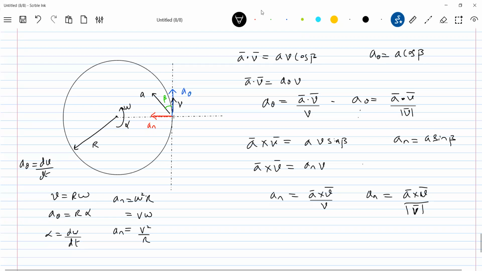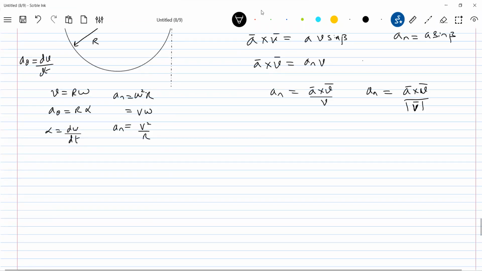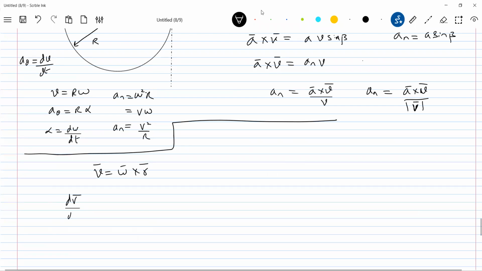Okay, now I'll show you a still easier one. We know V equal to omega cross R bar. Let me differentiate this. You will be surprised to see the way I'm bringing so many methods here. d omega bar by dt cross R bar.